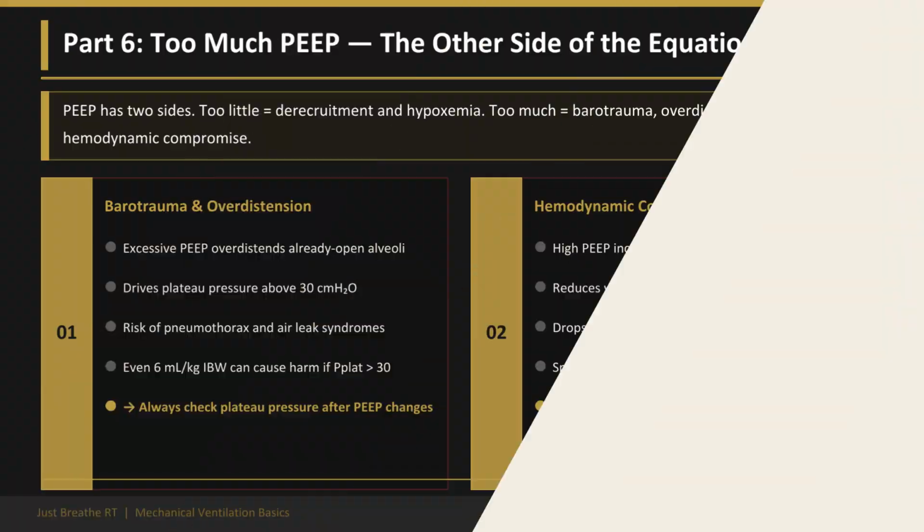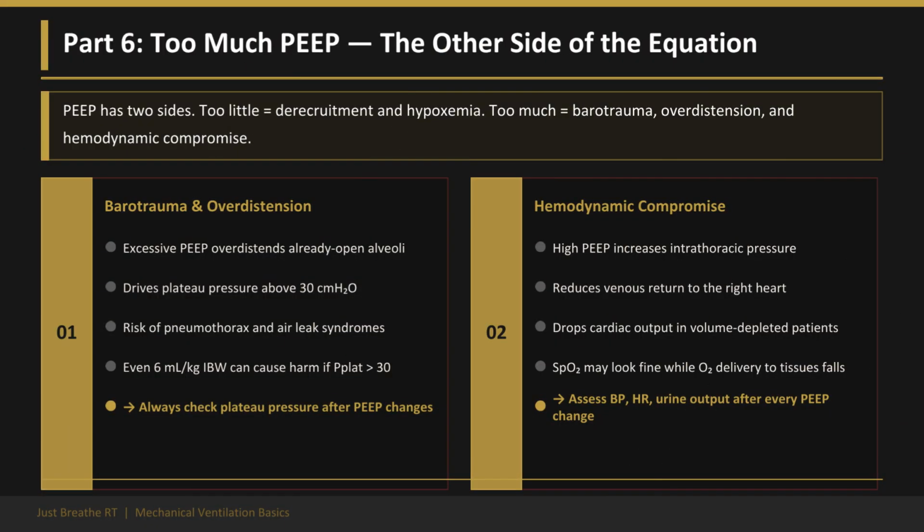We have talked a lot about what PEEP does for the lungs. But PEEP is not without consequences, and understanding them is what separates cautious, effective management from reflexive titration. Too much PEEP, what we call injurious PEEP or overdistension, causes its own set of problems.